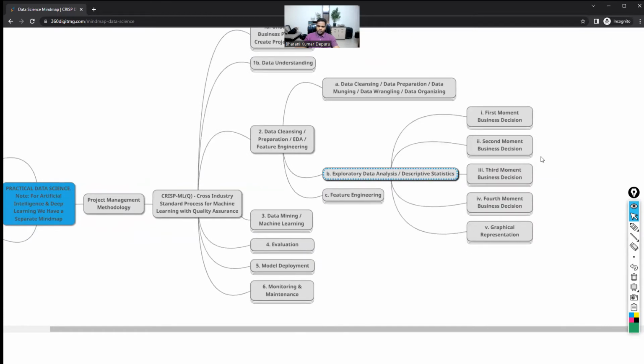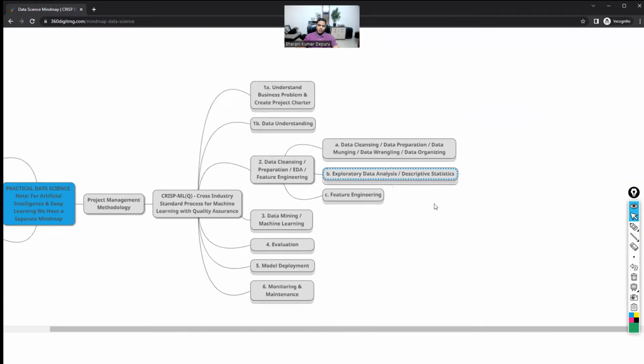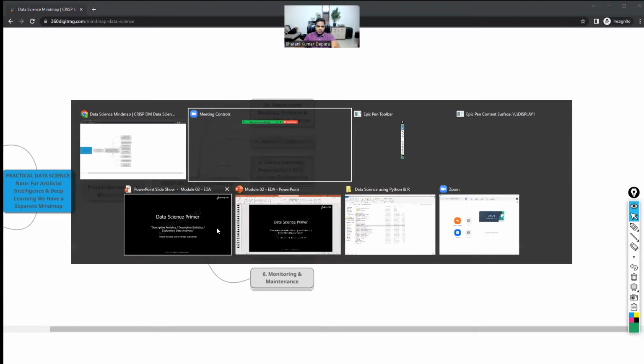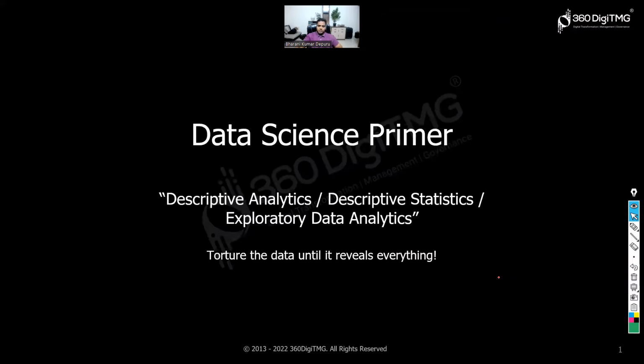Once we are done with all of these, we would also look at Python programming and try to accomplish everything in Python. Once we are done with that, we will get into data cleansing or preparation steps. So let me proceed further with this.